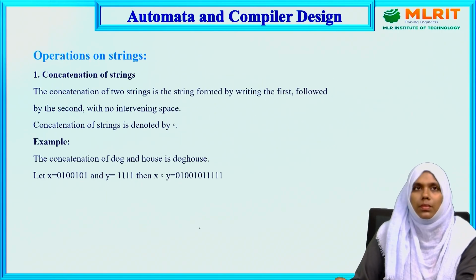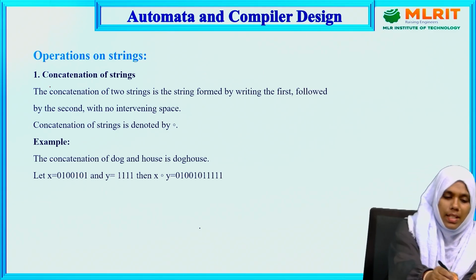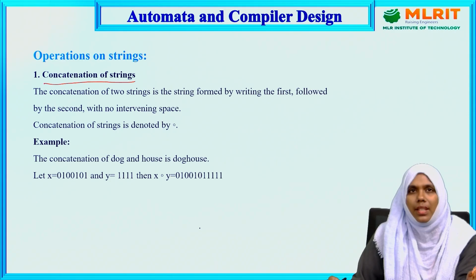Now, coming to the operations, what are the different operations for strings? Here generally we talk about two to three important operations. One is concatenation of strings. So what is concatenation of strings? Concatenation of strings is nothing but combining two strings and writing them as one.